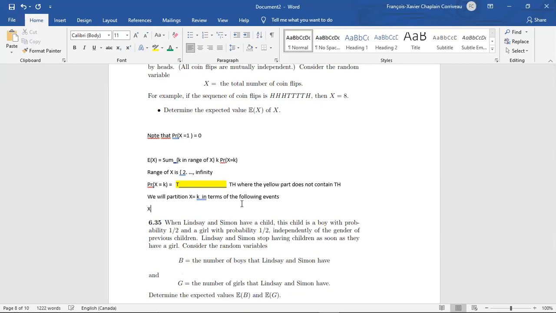So what are we doing? I'm going to define a bunch of events Xj. Xj is the event that X is equal to k, and we have a tail in position j.